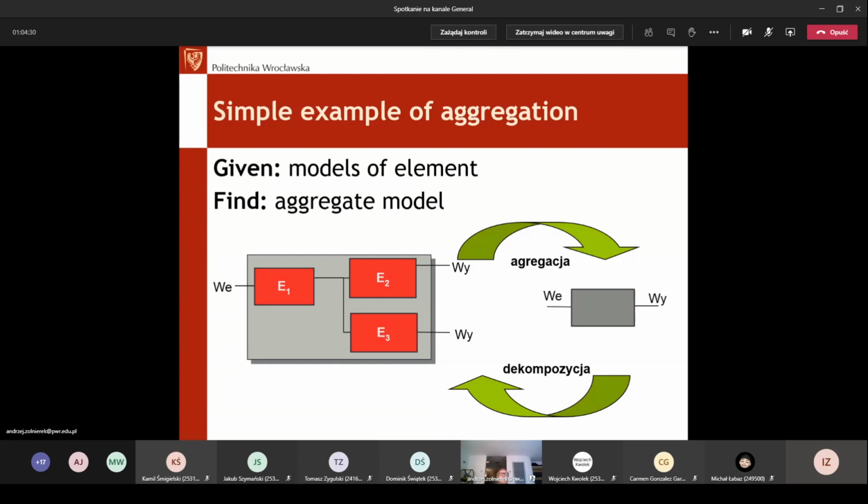And what is going on inside? In this case, I don't know. So using this aggregated model and calculating what we need about these problems, we have no knowledge of what is going on inside.